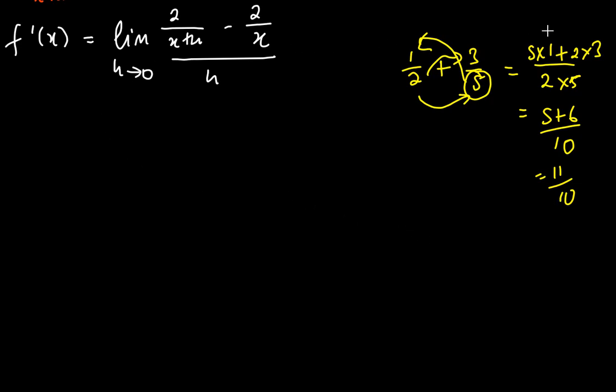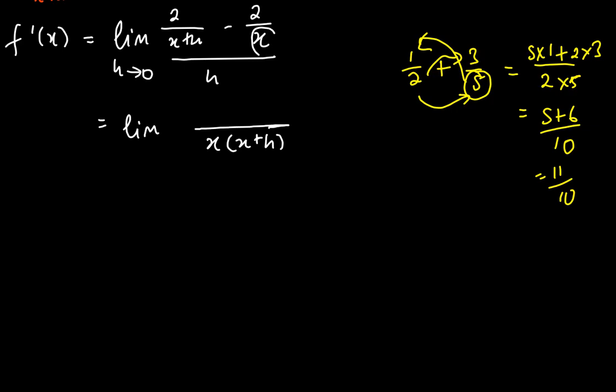So we're going to apply a similar procedure on that fraction on top. We're going to have the limit of, now we say this denominator times that denominator, so we're going to have x into x plus h. That's our denominator.